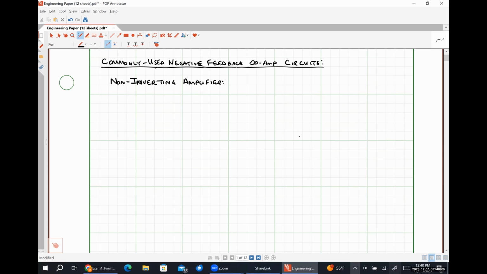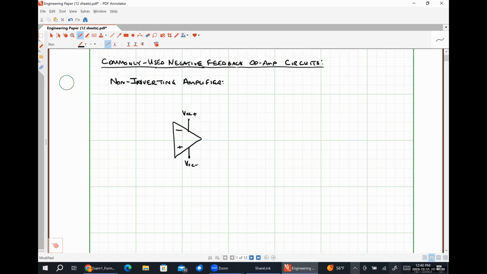So I'm going to start with my op-amp here. I'm going to choose to put the inverting input on top, like so. If I forget to explicitly put VCC plus and VCC minus on any of these diagrams, assume it's there.